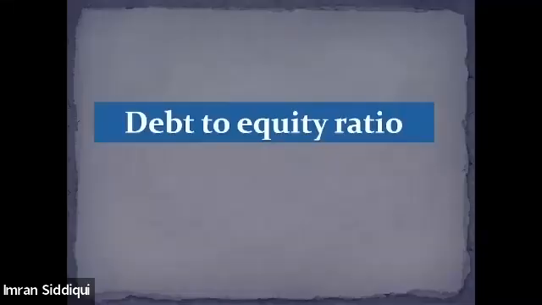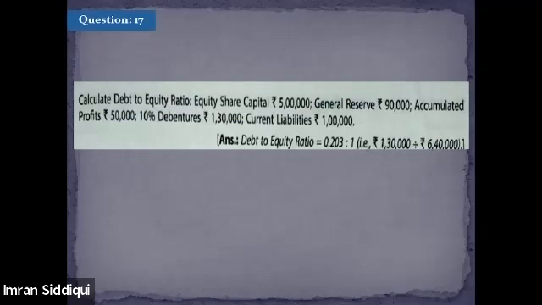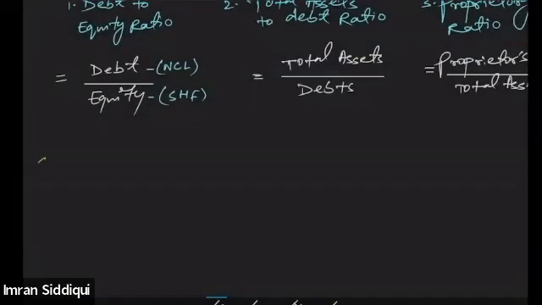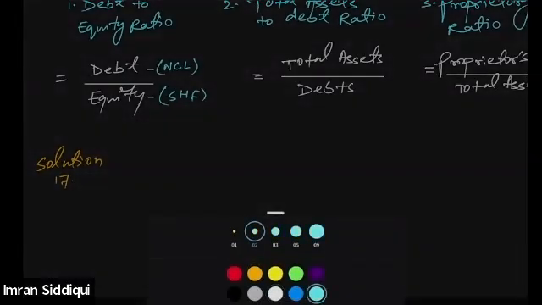Okay. Now, let's start with a question. Let's first discuss question number 17, which is based on the debt to equity ratio. In this question, it is very straightforward. It requires you to find out the debt to equity ratio. Solution to question number 17.